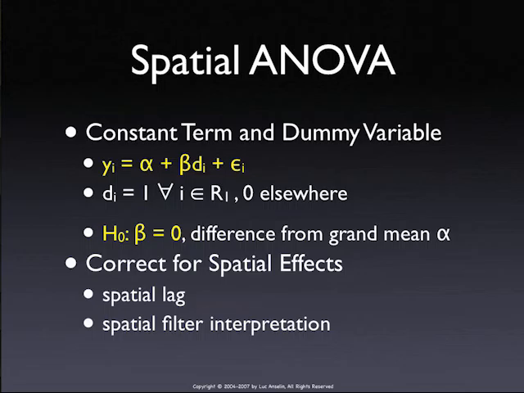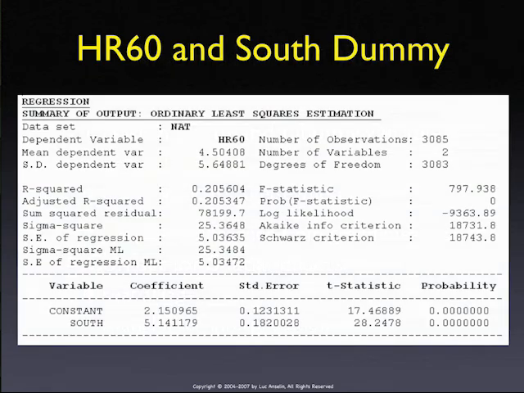And I wanted to illustrate this with the example of the South. We start with a simple regression of homicide rate, and this is also in the R workbook that we'll look at this afternoon in the demos.